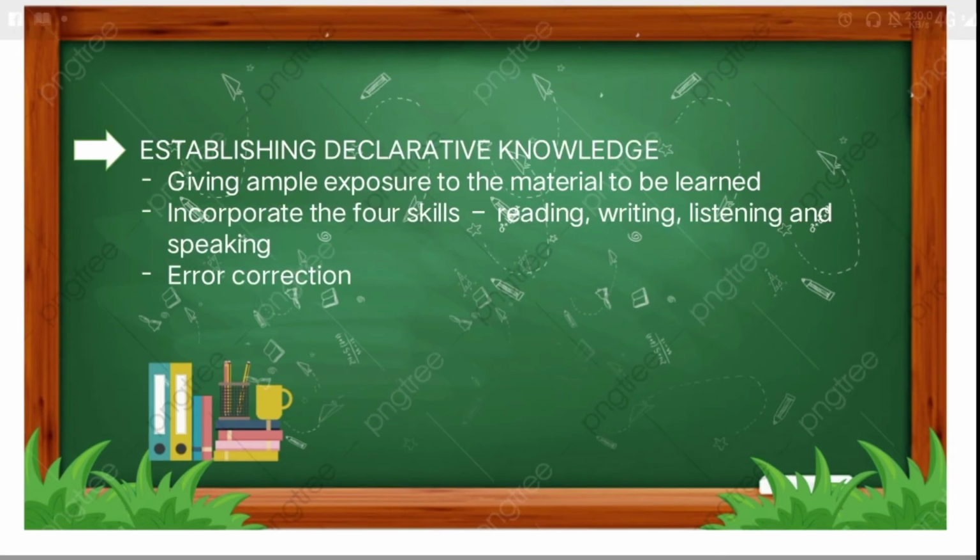This can be best done by giving ample exposure to the material to be learned and making sure that the students have time to develop, test, and refine this knowledge. Explicit teaching will result in the maximum understanding, and since errors are common at this stage, these should be corrected. Hence, we have error correction.